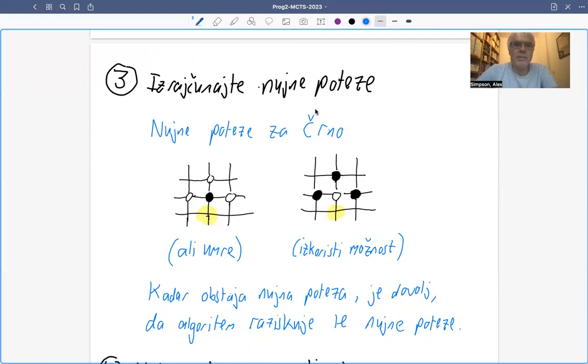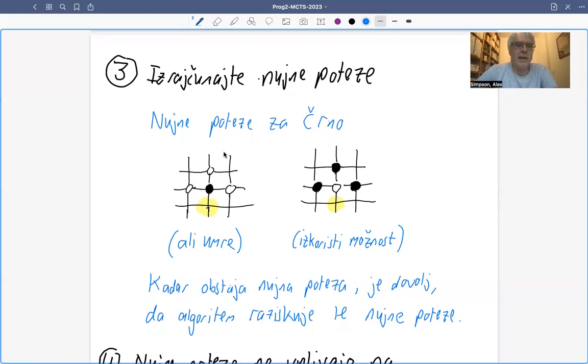The nulné potéze is kind of urgent moves or essential moves. I don't know if that's the best translation in Slovene here, but the point is, from your current game position, compute a list of moves which are forced to be made as the next move, if such moves exist.